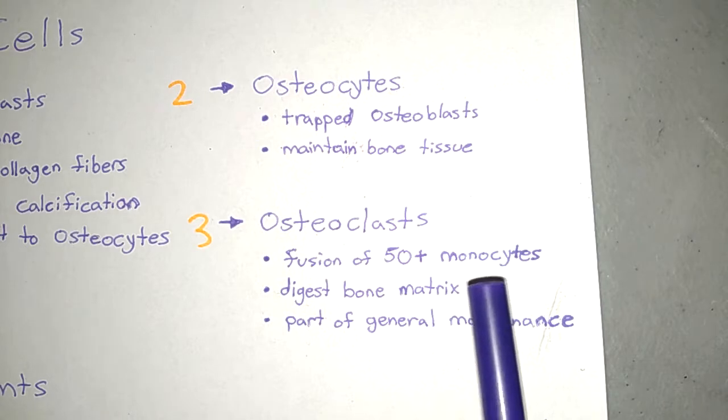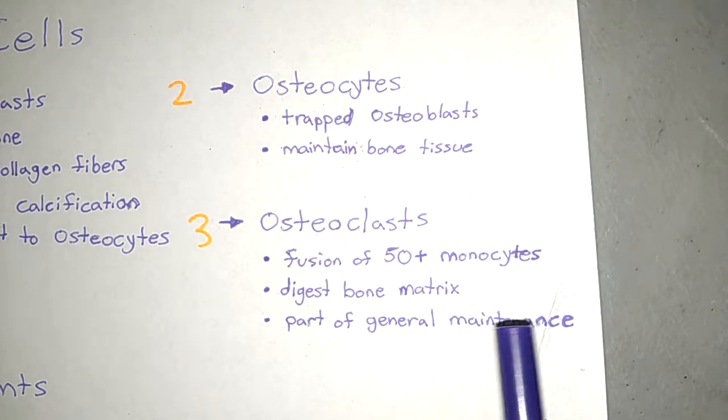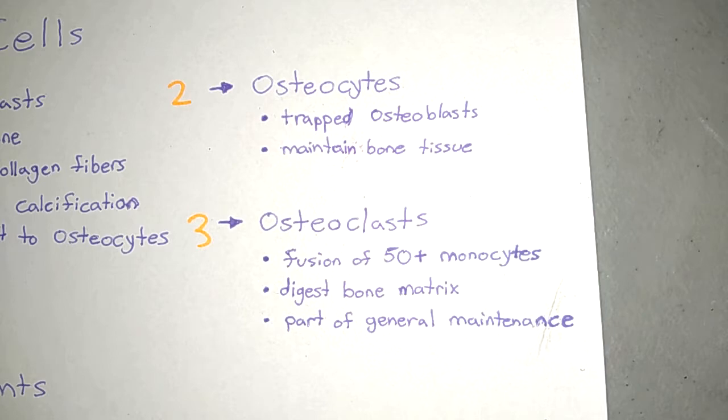And it allows for many reasons. Number one, for calcium reabsorption. If the body needs calcium, it can release it. Or to maintain it. Like, if you were to mend something, you would remove parts of it and then place a new one in. This class of cells is responsible for that maintenance.